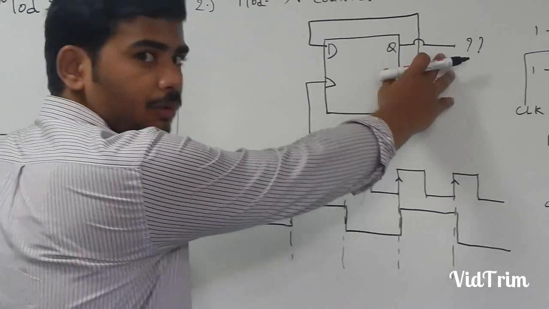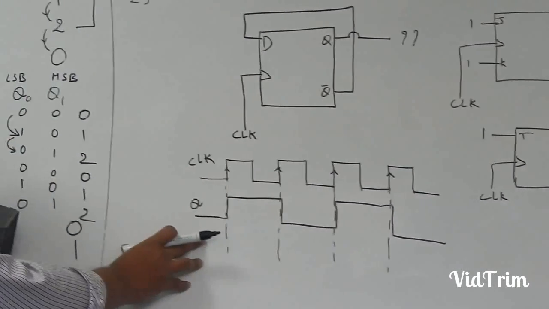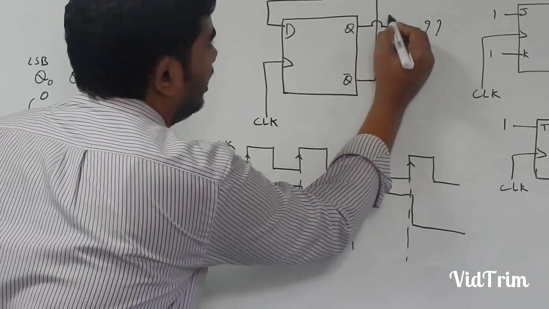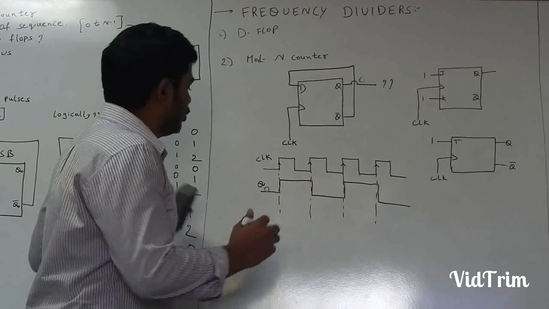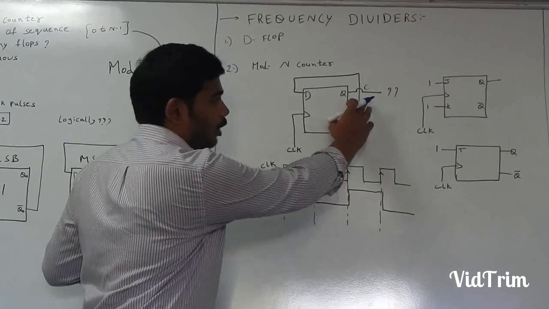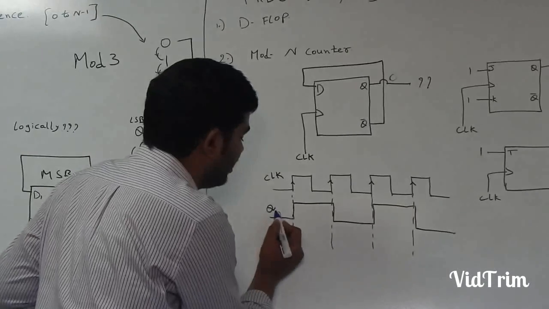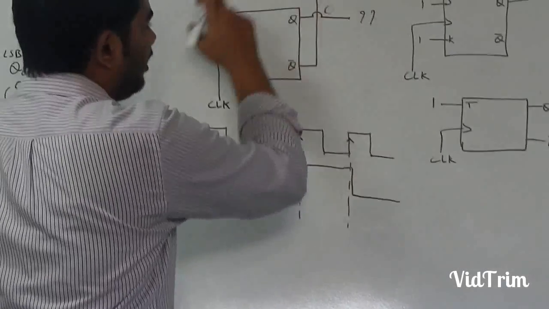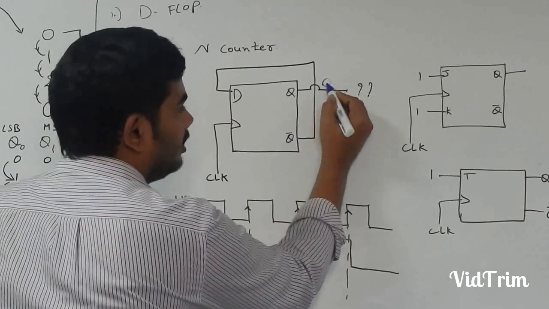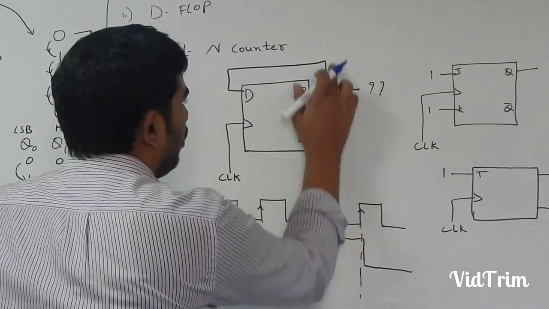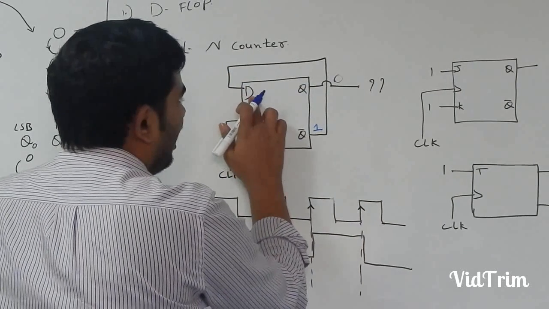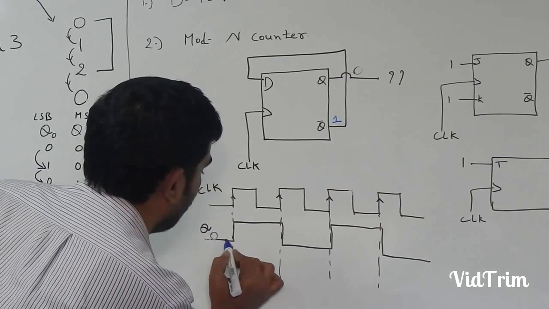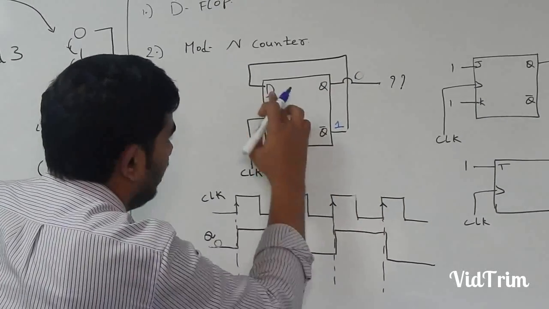So if we consider output Q, I am just representing Q in waveform. So first let us suppose Q is initially 0. So if you draw the waveform of this output, say the initial value is 0. 0 is coming here. But see, what we are transmitting is Q bar. If it is 0, this is 1. So 1 is sent here, and the next clock pulse we get output as 1. So at this clock pulse, we are sending 1 here.